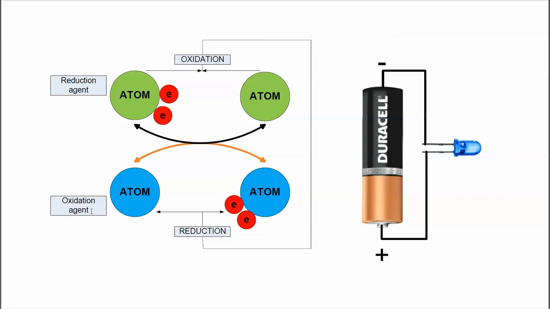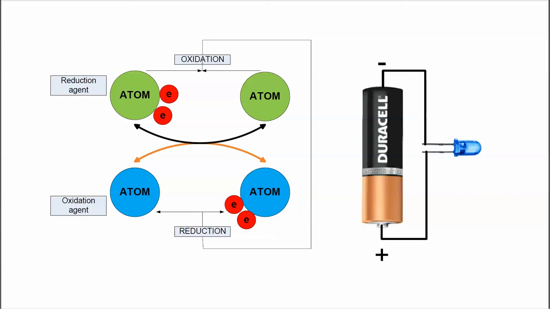This is a little bit confusing, but the oxidation agent consists of atoms which accept electrons by means of reduction, and we have the reduction agent which releases electrons by means of the oxidation process. And this is it.